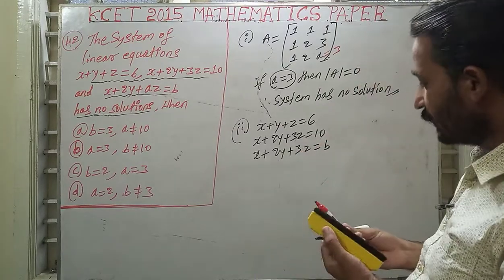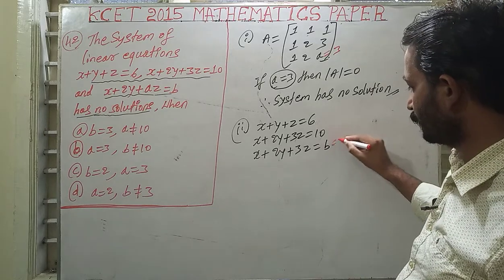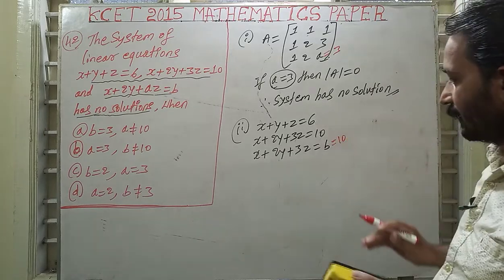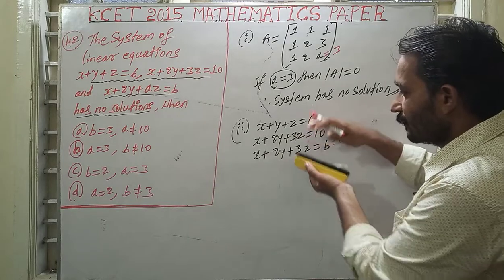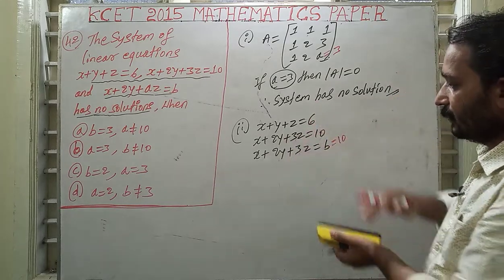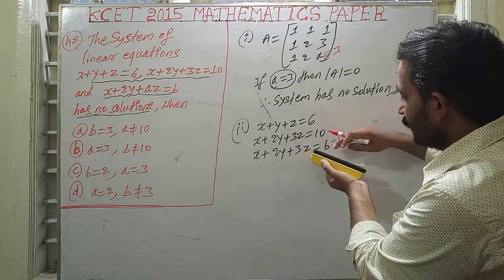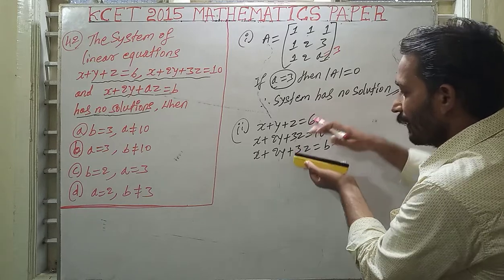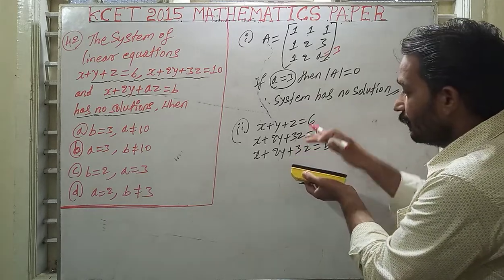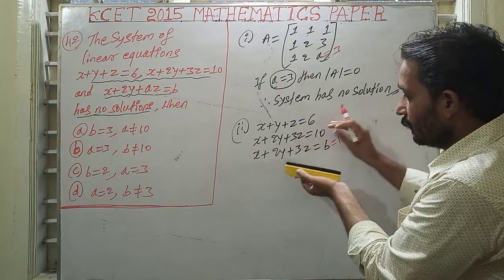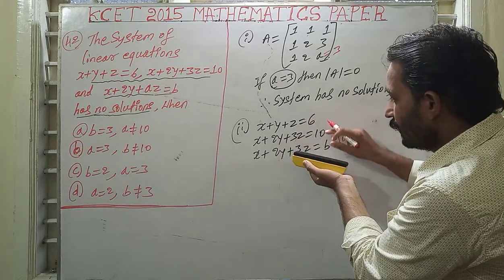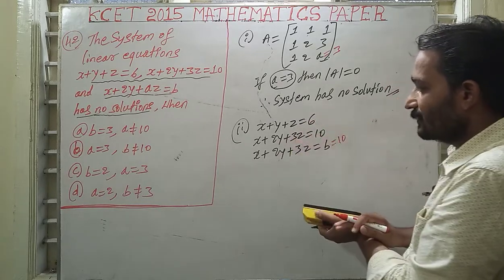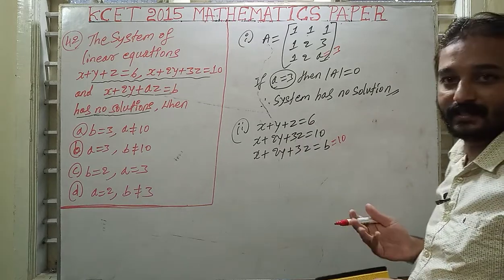If b is equal to 10, these are plane equations. Two planes overlap, but the third plane is not parallel to both. Hence infinite solutions exist in this case.